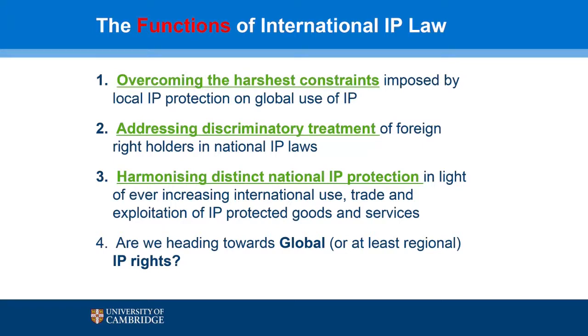In one way, these treaties try to address some of the difficulties which arise out of the system of very territorial local protection of intellectual property. So these treaties for a very long time have granted so-called priority rights, in particular for trademarks and patents and other rights which need to be registered.